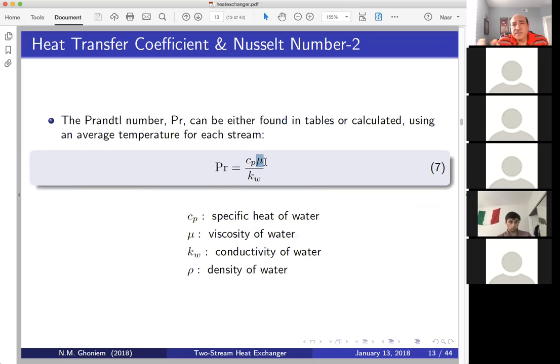So the particles of water are just moving around. And K over Cp is proportional to the thermal diffusivity. So this is how fast heat is diffusing. So the ratio of momentum diffusion divided by thermal diffusion is the Prandtl number. And that doesn't depend on the geometry. It's the property of the water, and therefore we have tables, and we can find the Prandtl number for any given temperature from the properties of the water.